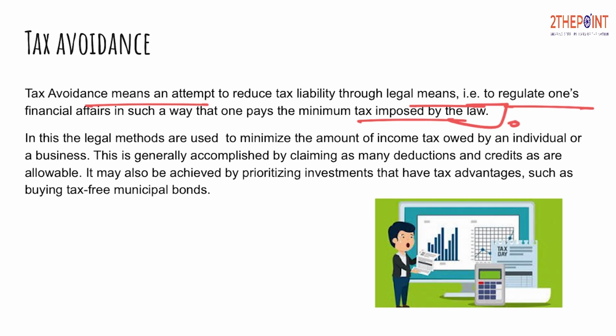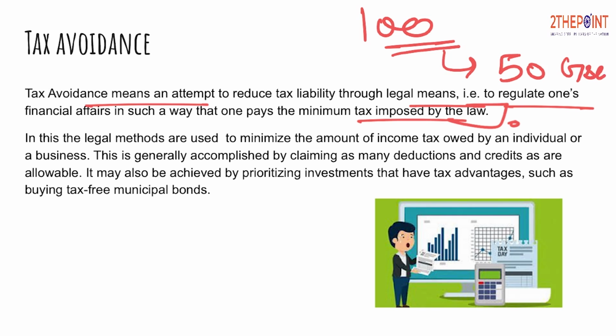For example, your income is rupees 100. Now the government will come and ask 10% tax on this rupees 100. To reduce your tax liability, you can invest, say, 50. There's a certain limit up to which the tax is not taken. So if you invest rupees 50 in government securities, what is left with you is rupees 50.